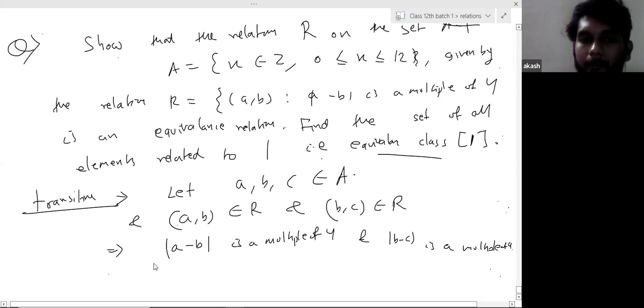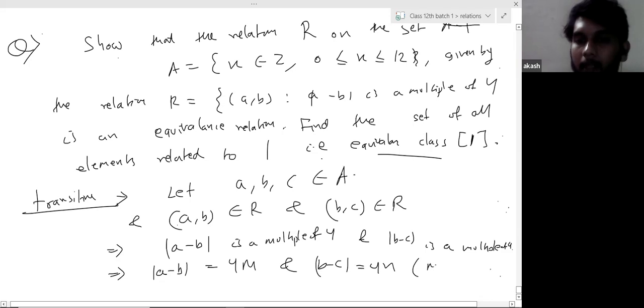Same way we can write that modulus of a minus b is equal to 4m, and modulus of b minus c is equal to 4n, where m and n are some integers. Is this clear, everyone?